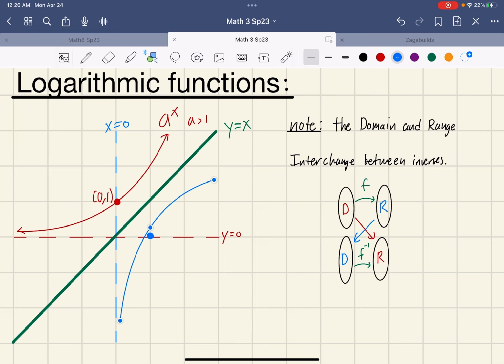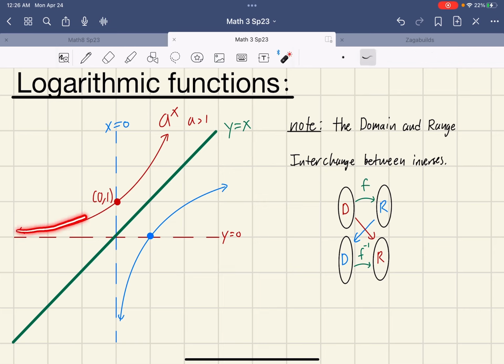I'm trying to make this as symmetrical as I possibly can, but I think you'll get the point. But this is the idea of what a logarithm is going to look like.